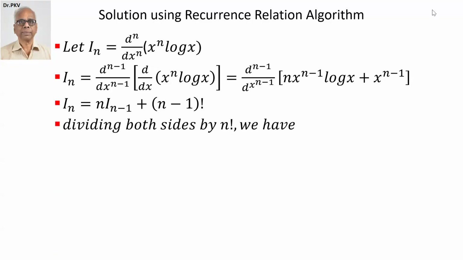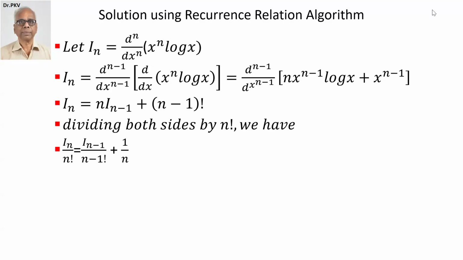Now, dividing both sides by factorial n, you get I_n divided by factorial n is equal to I_(n-1) divided by factorial (n-1) plus 1 upon n, because when I divide (n-1) factorial by n factorial, I will get 1 upon n.